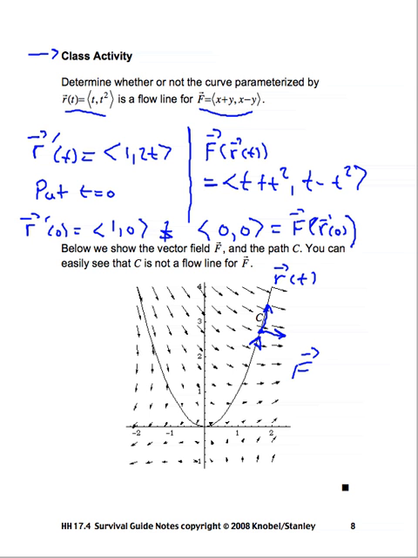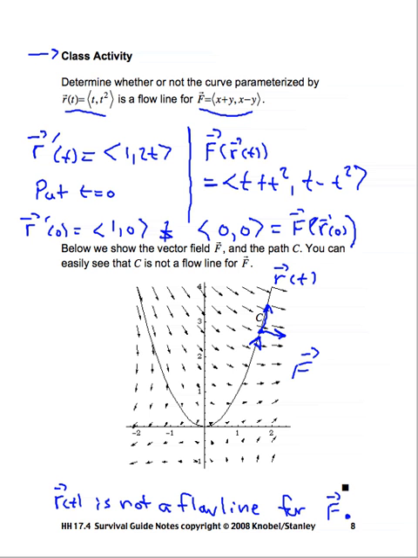And so you can see that because the velocity vector when t equals 0 is not equal to the vector in the field when t equals 0, which is just the 0 vector, this path is not a flow line for this vector field f. So we've shown that. So let me just say down here, r of t is not a flow line for the vector field f.